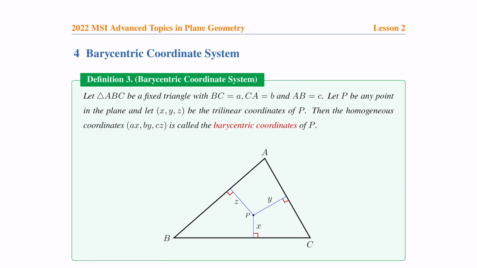Then ax, by, cz is called the bicentric coordinates of P. So basically, x, y, z becomes ax, by, and cz. If you know the 3 side lengths, which of course you do, because triangle ABC is always fixed, then you can convert the trilinear coordinate system to the bicentric coordinate system, and you can transform back.